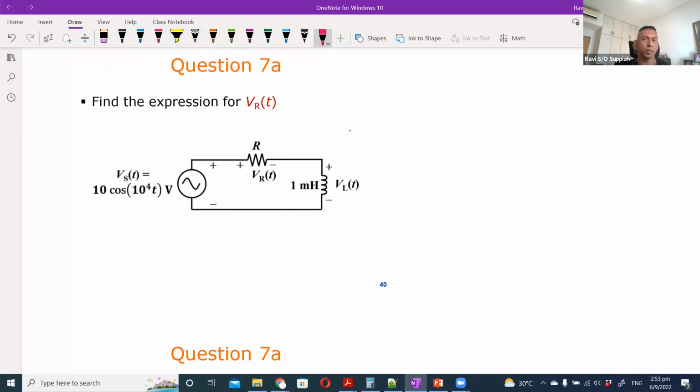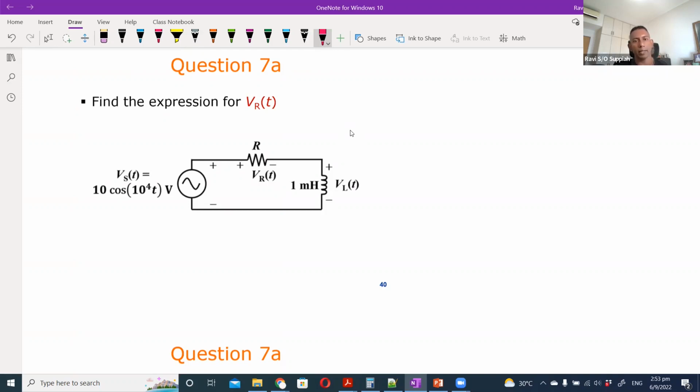So even though that conversion to and fro is tedious, it actually saves us a lot of hassle in not having to deal with differential equations. In this case, we want to solve for the expression for VR.